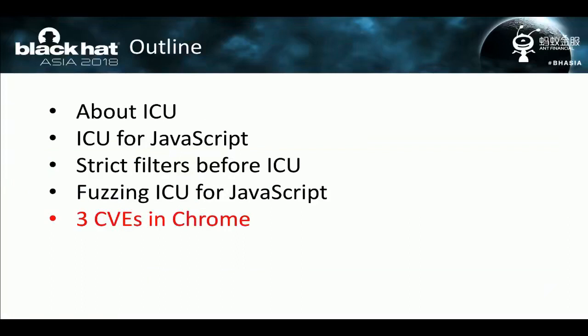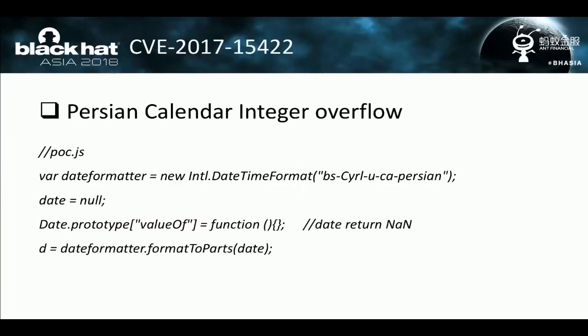And last, I will introduce 3 vulnerabilities I hunted that work in Chrome. The first is CVE-2021-... It's a Persian calendar integer overflow. This is a POC, POC.js. First, we create a DateTimeFormat in the Persian calendar.